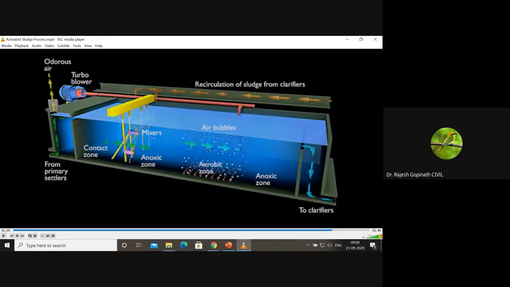So this is typically how an activated sludge process system would look. When I say activated sludge process, I'm not talking about only one reactor. We have a primary sedimentation tank from where the wastewater is entering. We have an aeration tank, then a secondary clarifier. We have a recirculation mechanism. We also have a sludge management system.